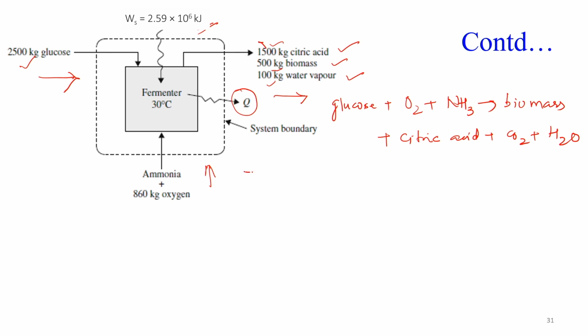The energy balance equation is minus delta H reaction minus mv delta H V minus Q plus W is 0. You have to find the value of Q. Now, it is interesting because this is an aerobic process, we can directly calculate the delta H of reaction. Delta H reaction will be, what is the amount of oxygen consumed? 860 kg.